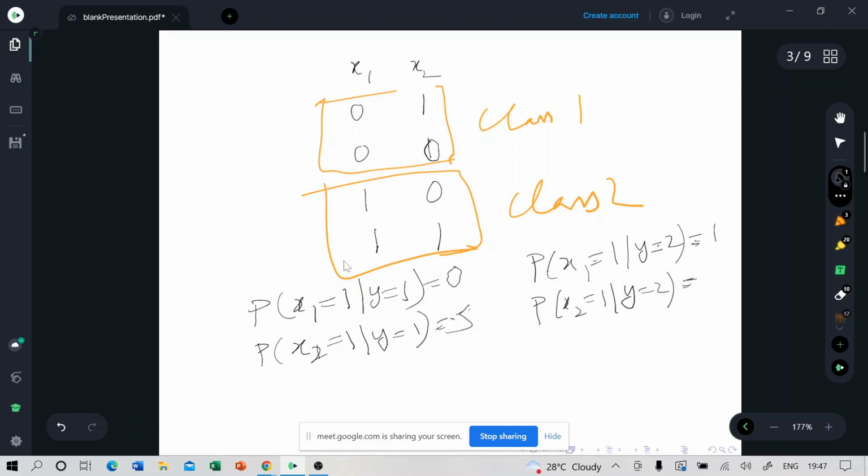So the new example is, say, suppose 1 0 1. Now can anyone tell what will be the probability of y equal to 1 given x bar, and probability of y equal to 2 given x bar?